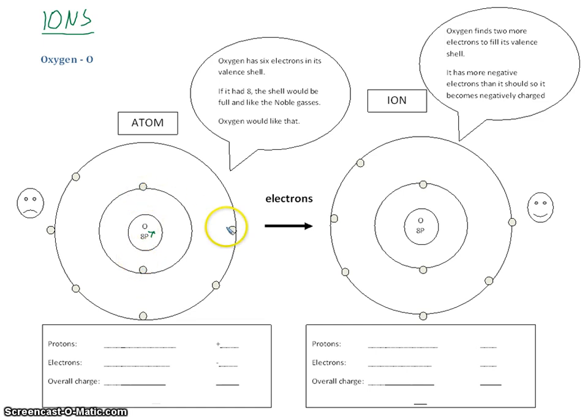I've put 1, 2, 3, 4, 5, 6, 7, 8. It's not happy. Why isn't it happy? It's not full. It wants to be full. What does it need to make itself full? Well, it needs 8 electrons on its outside.